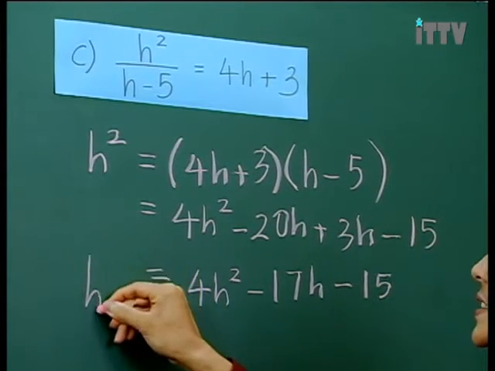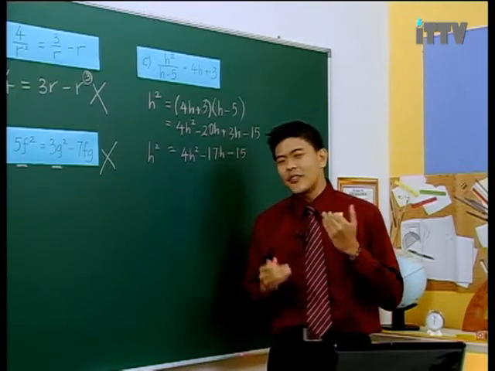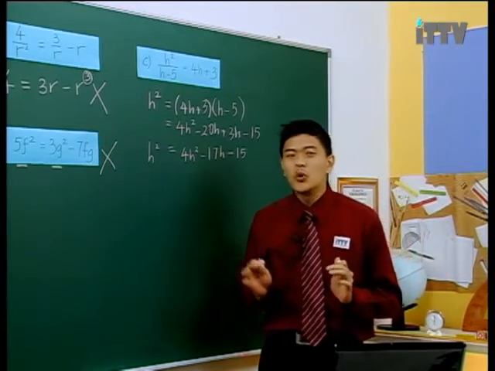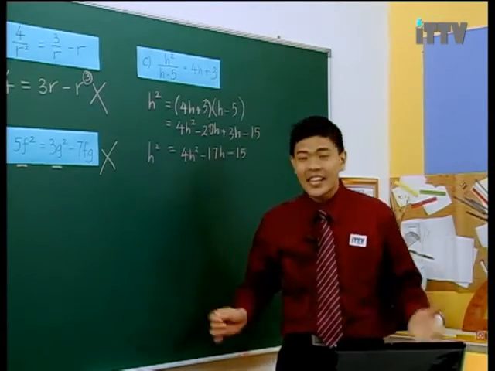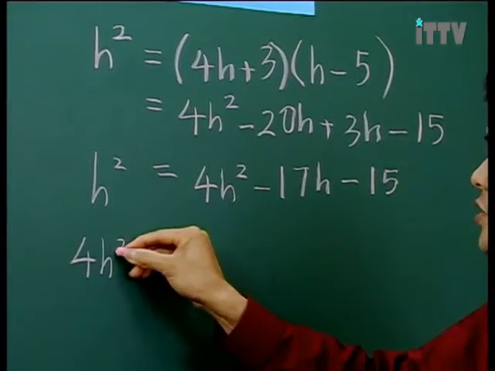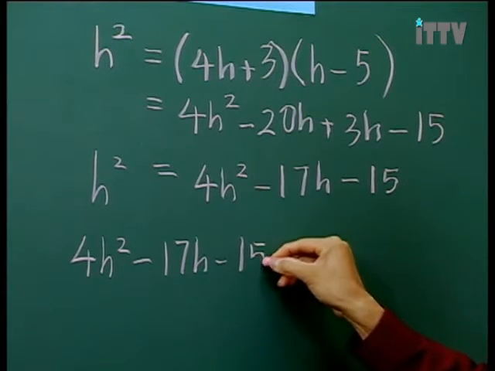So this is the quadratic equation, but if it is, we always want to get it in the general form, which is to get all terms to one side and leave the other side with nothing. Always, the bigger coefficient of the square must be written on the left hand side.